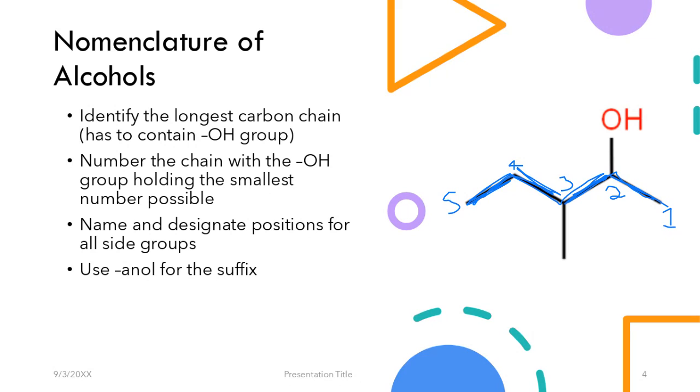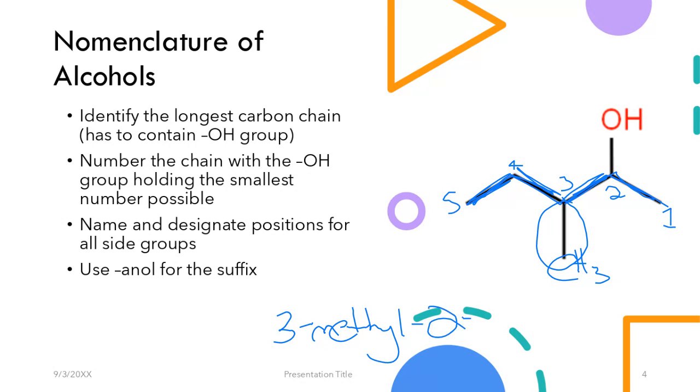So now just name and designate side groups. This is my only side group. This is a methyl group again, and that's on C3. So this will be 3-methyl-2-pentanol because my OH group is on C2. Does that make sense? Yeah. Okay.